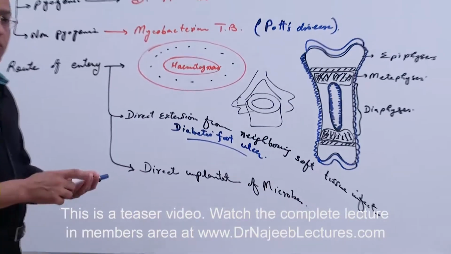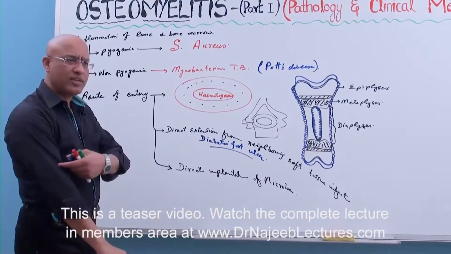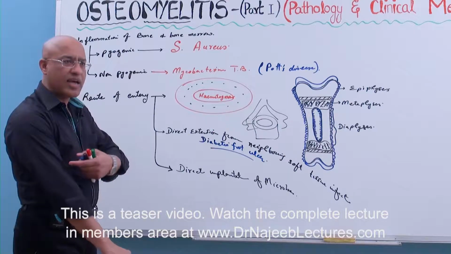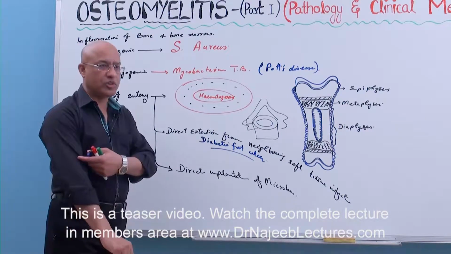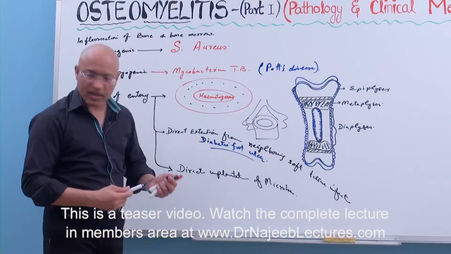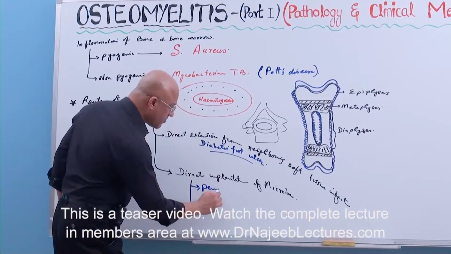What could be the example? Very simple, penetrating injury. There's a bullet injury, of course skin is compromised, soft tissue is compromised, and if that has injured the periosteum, organisms from the skin may enter in. Is that right? So direct plantation may be through penetrating injuries.